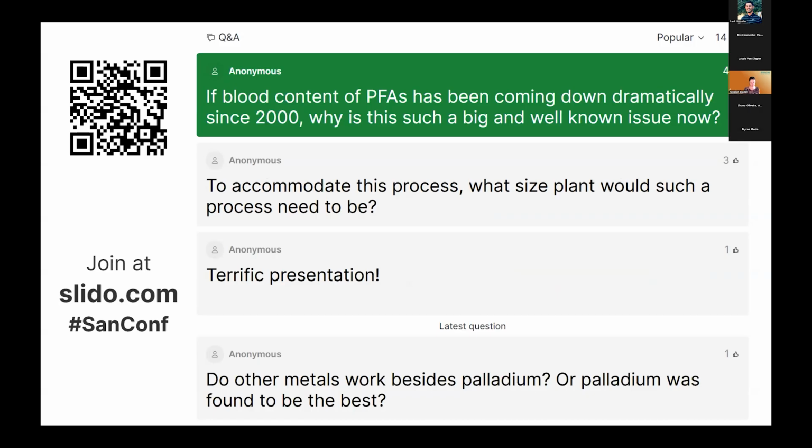I'm not the person to tell you what the no effect level for PFAS in your blood is. I have no idea. But the fact that the EPA promulgated these extraordinarily low concentrations for drinking water, 4 parts per trillion, means that they think this is a serious problem, even though levels have declined over the last decade or so.